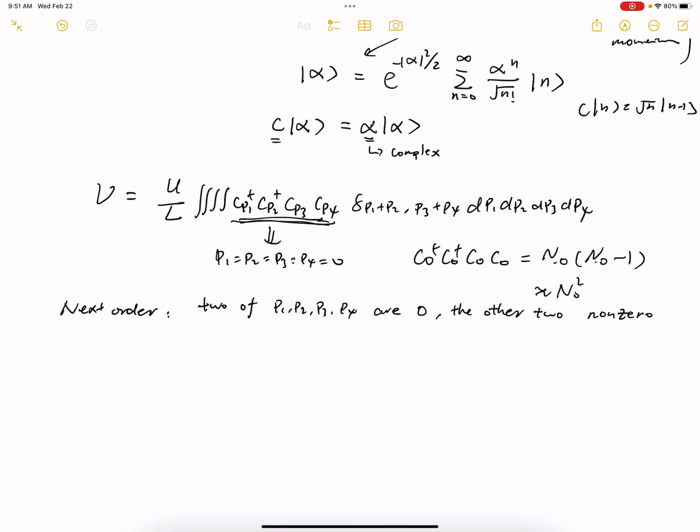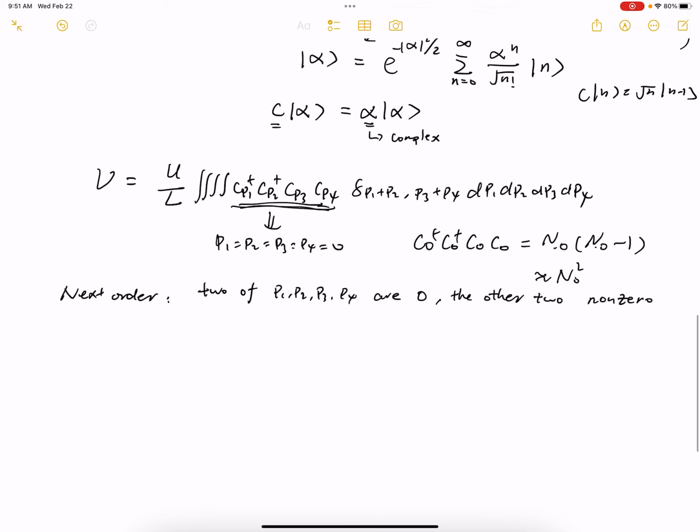Okay, so this is going to be the next order because you have to have this momentum conservation. Here we can actually have 2 different types of terms. We can choose P1 and P3 equal to 0, and then because we have to have P1 plus P2 equal to P3 plus P4, this conservation has to hold.